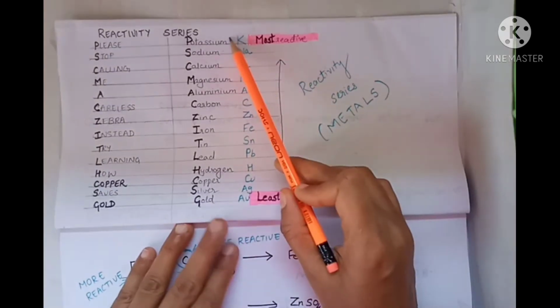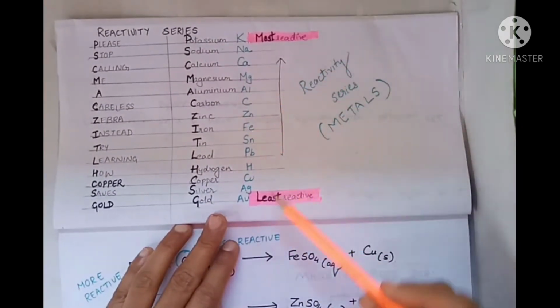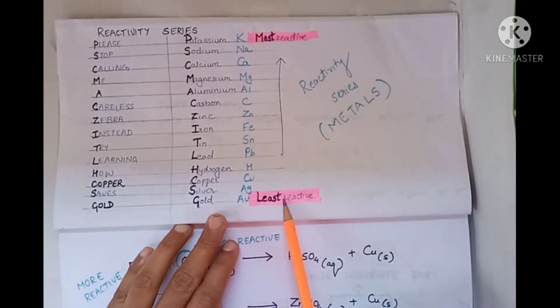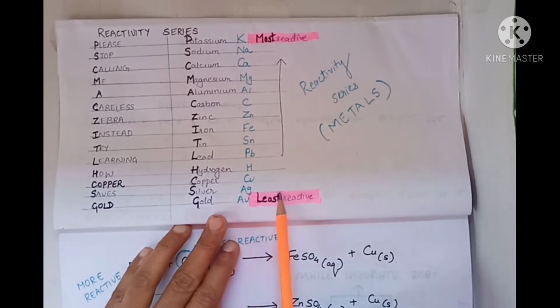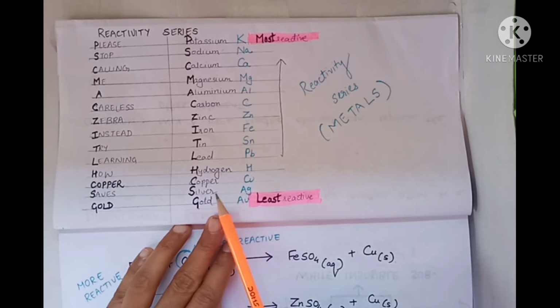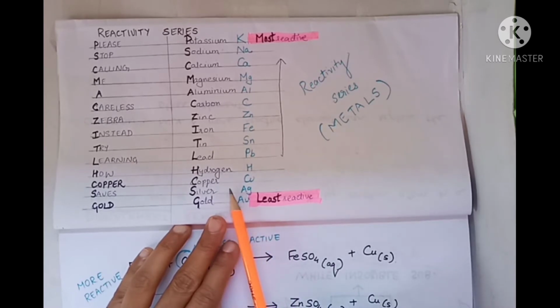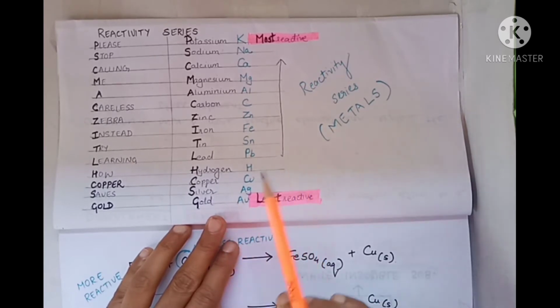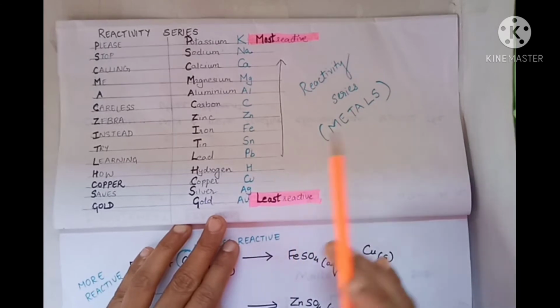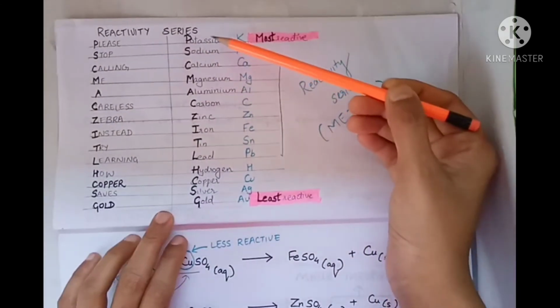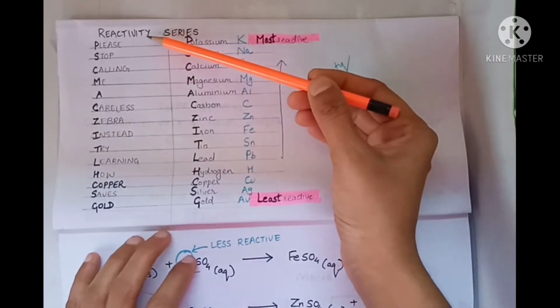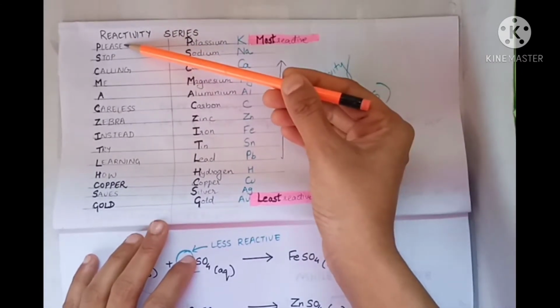Okay, the first one is the most reactive and towards the last gold is the least reactive, and we know we use gold and silver as jewelries, so these metals are the least reactive and wouldn't react with any of the things.